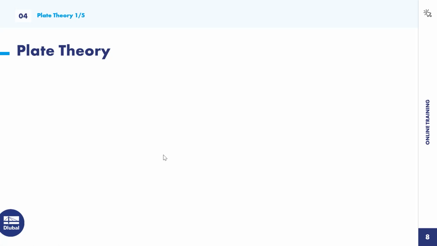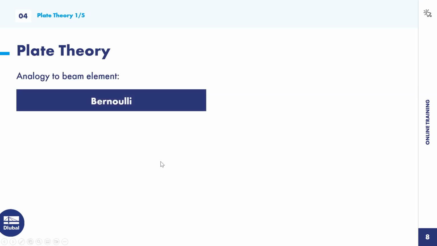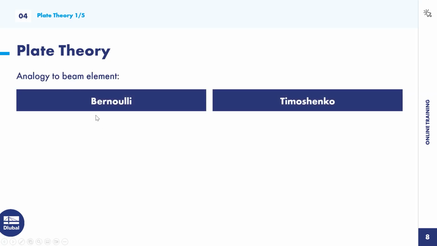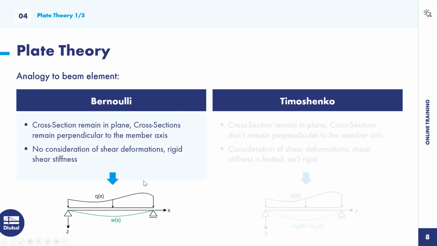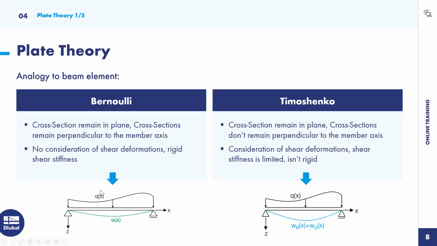So for members, you might know there are two concepts or two theories. The plate theories are almost the same as those for members. So for the beam element, we have the Bernoulli as well as the Timoshenko beam. The differences, well, let's go for the similarities first.